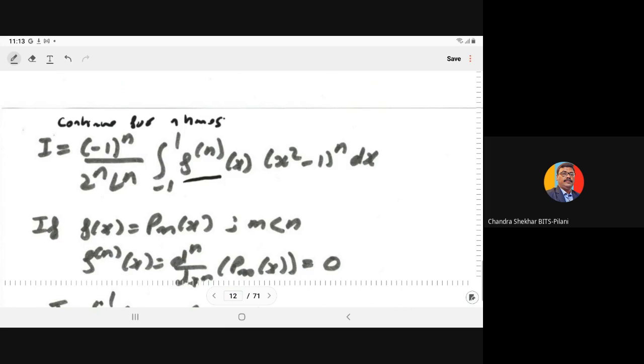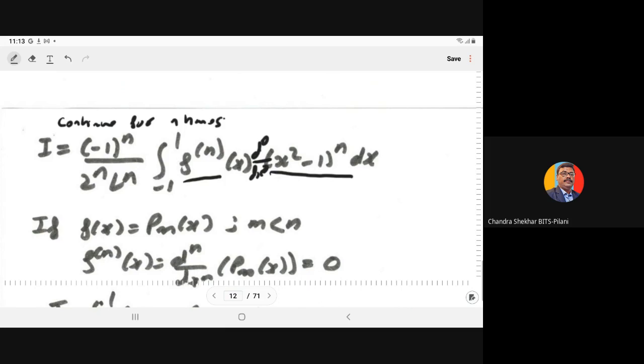So in the nth all the derivatives will reduce. Now it is independent of any derivative. (x square minus 1) power n means it is nothing, it will be d0 by dx0. Right, it is d0 by dx0.